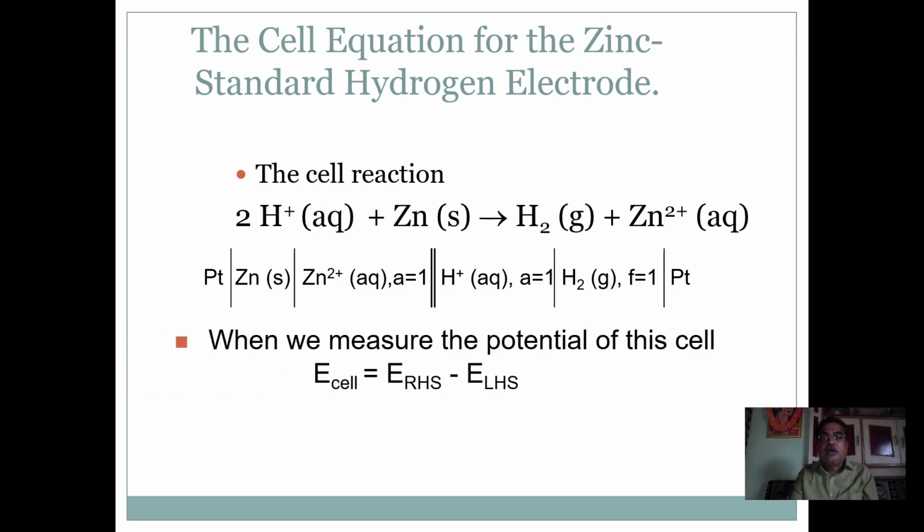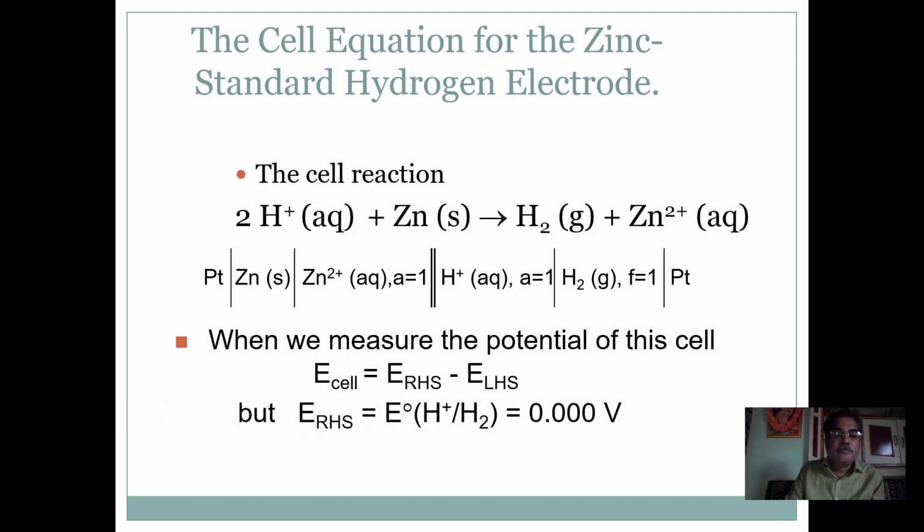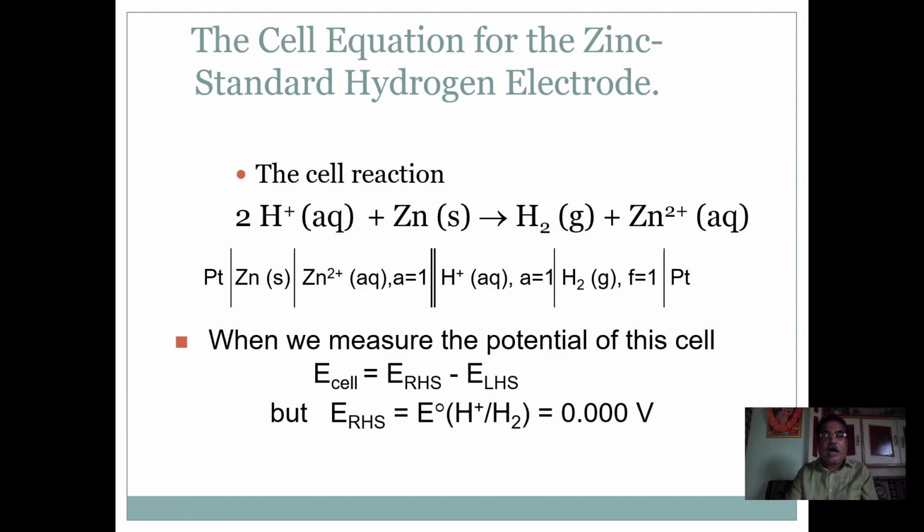When we measure the potential of this cell, then E cell is equal to E RHS minus E LHS. But E RHS is equal to E0 H⁺/H2, which is equal to 0 volt. E cell is equal to E0 Zn²⁺/Zn, which is equal to 0.763 volt.